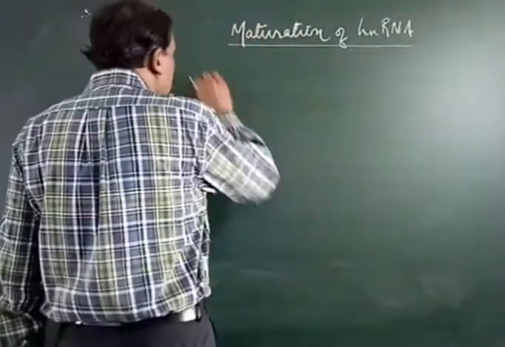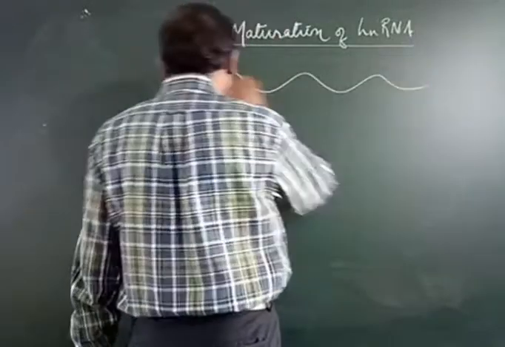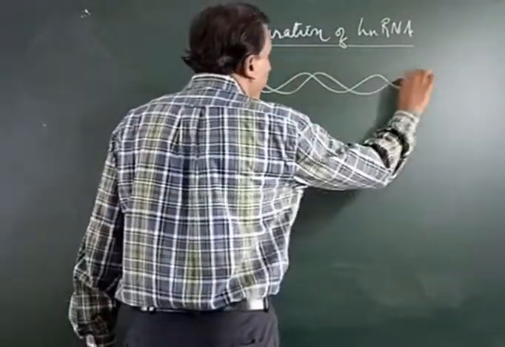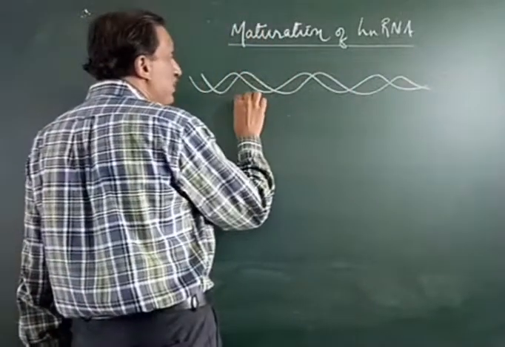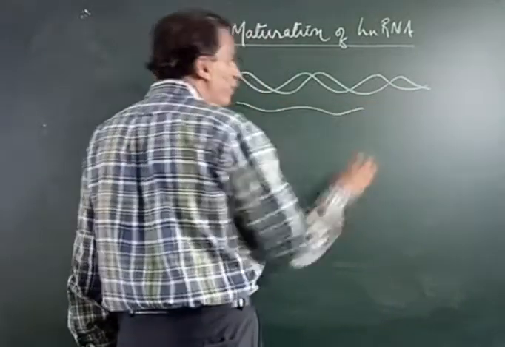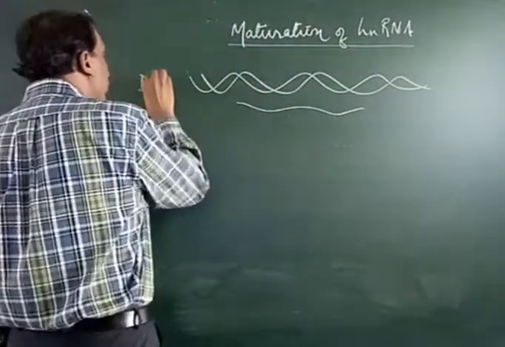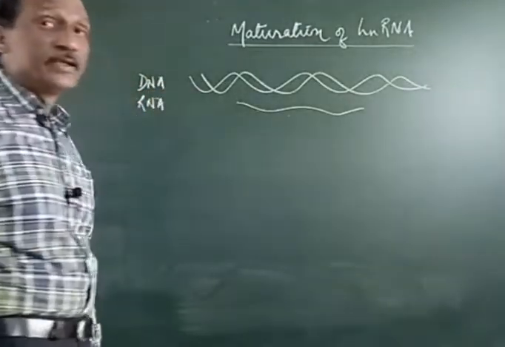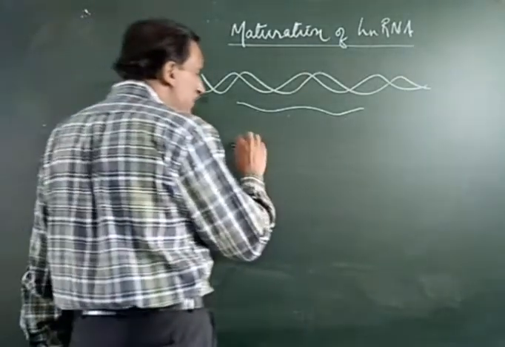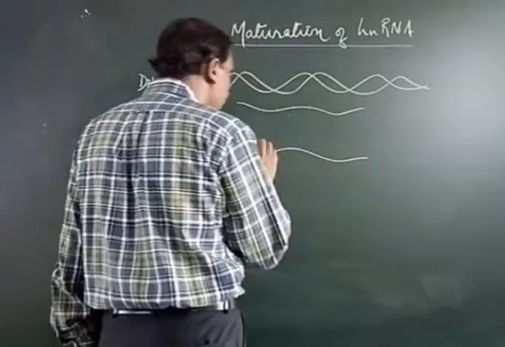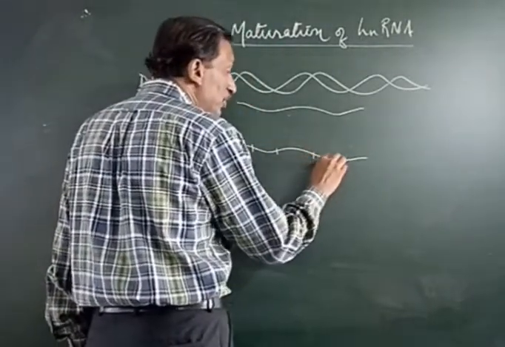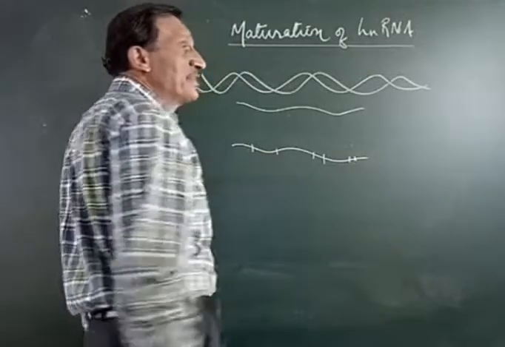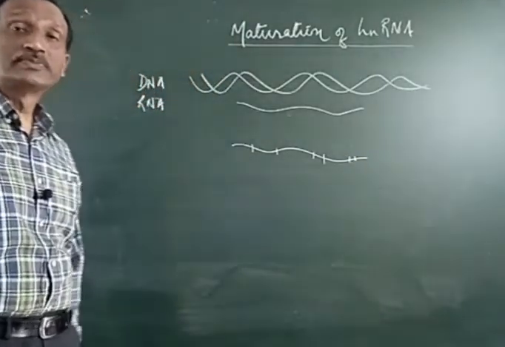So this was our DNA, and from this DNA we got this RNA. This was the DNA, and this is the RNA. Now in this RNA, from here to here, here to here, here to here, some segments are of no use.